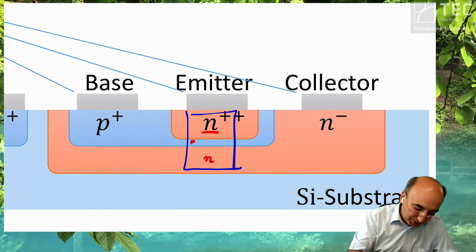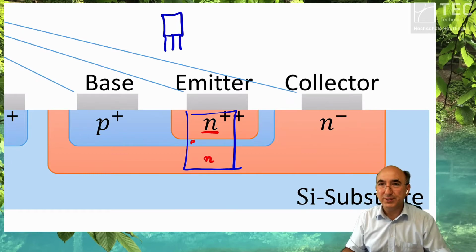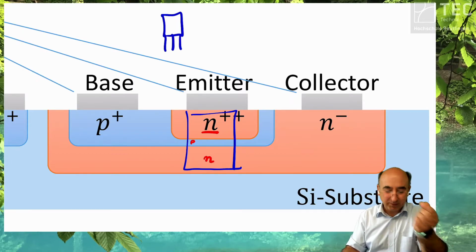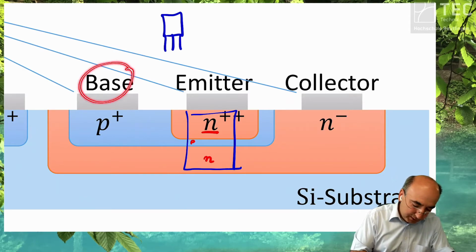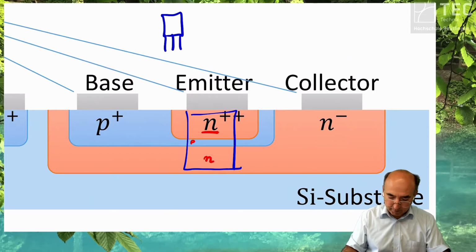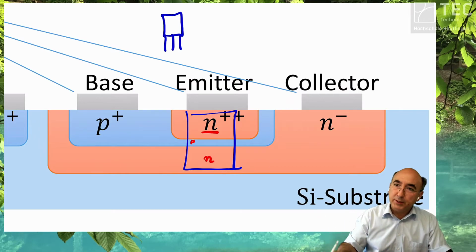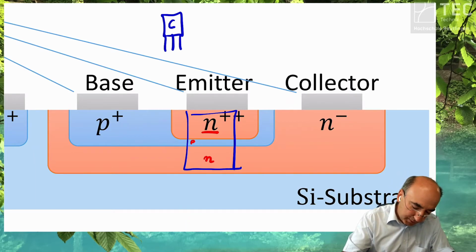And if you want to contact it, let's assume you have such a transistor, okay? So a typical transistor you can take into your hands. You have your base, emitter, collector pins. And usually in power electronics, your collector is sitting here, and therefore your collector is the backside.